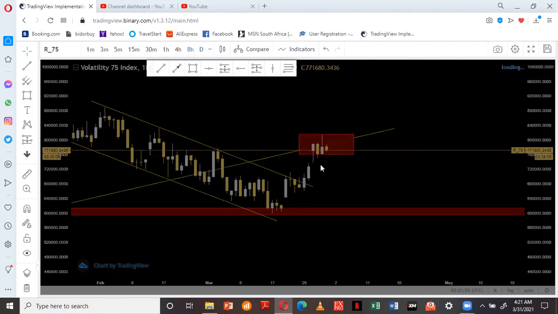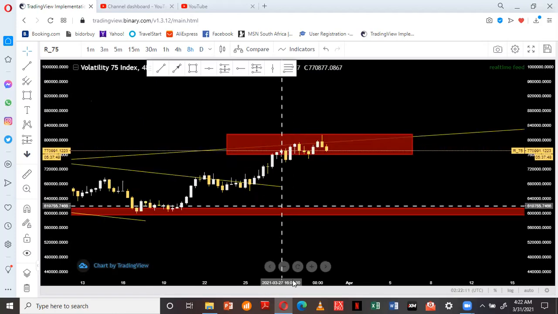So now we have seen on the daily chart that we are having what looks like a trend line retest, and we are also having a rejecting candlestick at that area at the top where we highlighted.